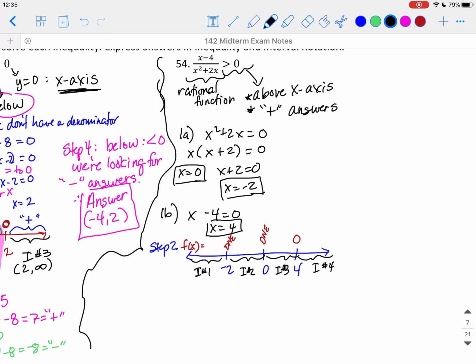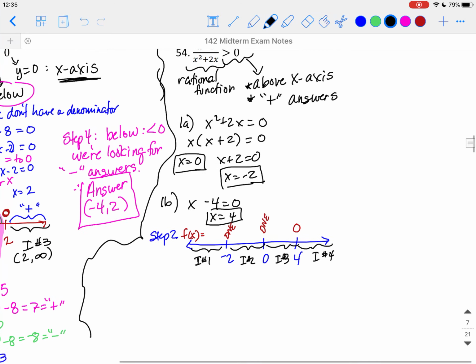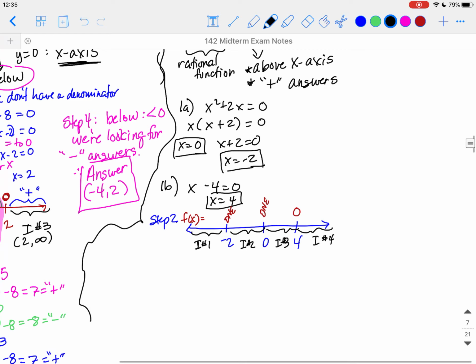And so we need to pick 4 different numbers, 1 for each interval. So for interval number 1, let's say we pick negative 3.